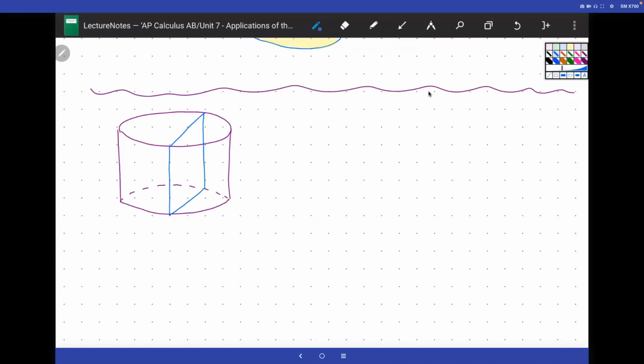But we're going to make the cross section have some thickness, just like we did before with rectangles in the area where we cut it into rectangles. So imagine that there's a little bit of thickness to this. This is where the picture starts falling apart because I'm not very good. So there's the cross section right there.